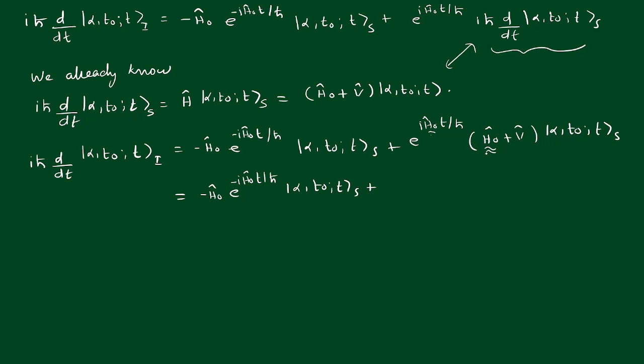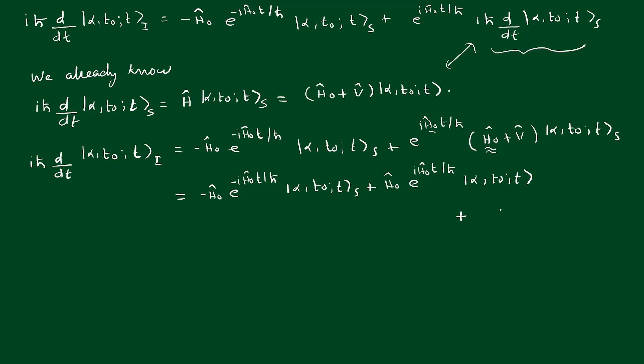So it doesn't cost you anything to move it to this side. So this I write as H0 e raised to i H0 t by h cross, and then alpha t0 t, plus there's also this term e raised to i H0 t divided by h cross, and then there is this V hat.